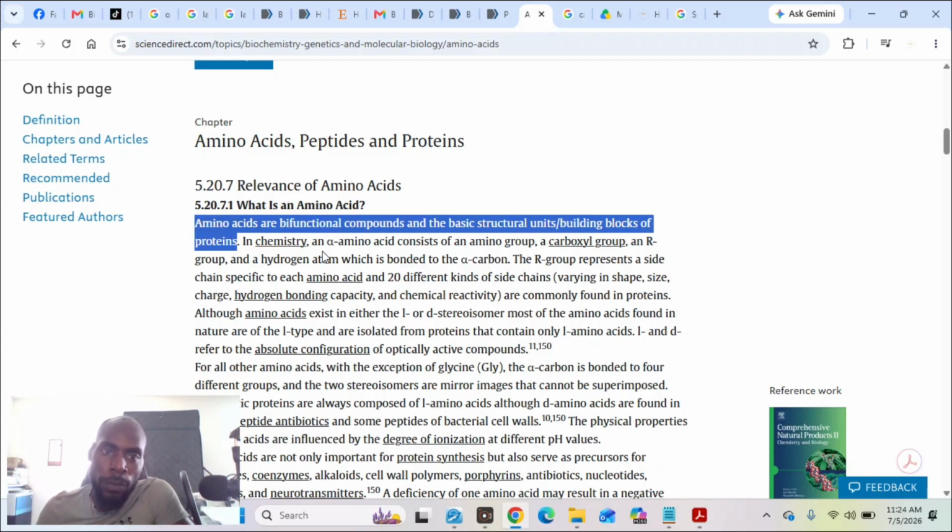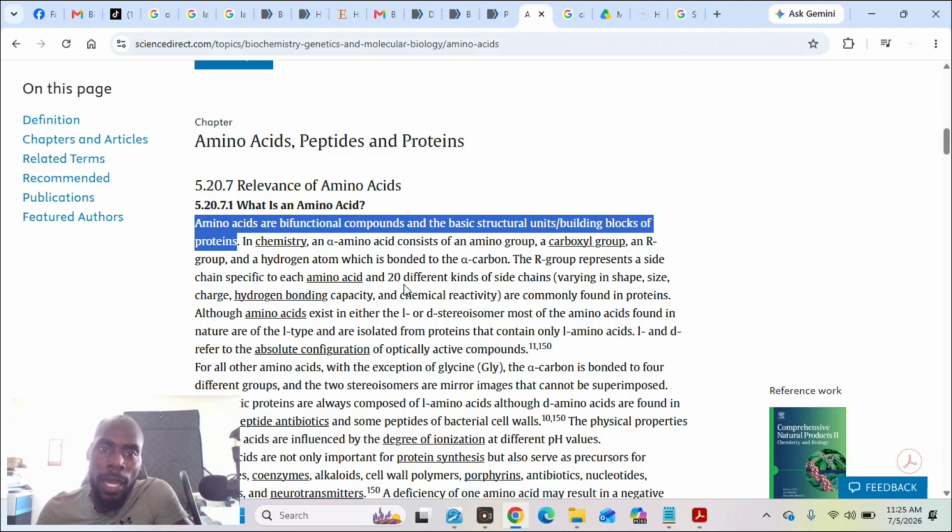In chemistry, an alpha amino acid consists of an amino group, a carboxyl group, an R group, and a hydrogen atom, which is bonded to the alpha carbon.